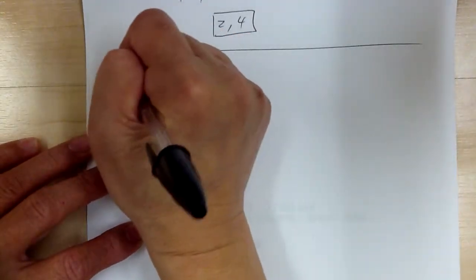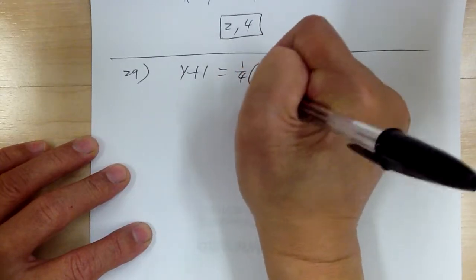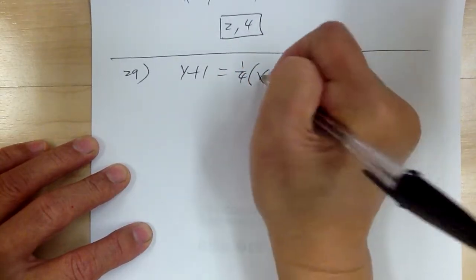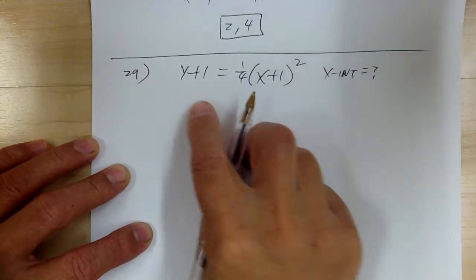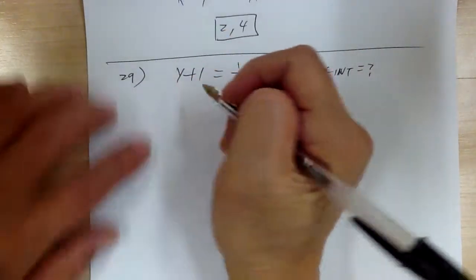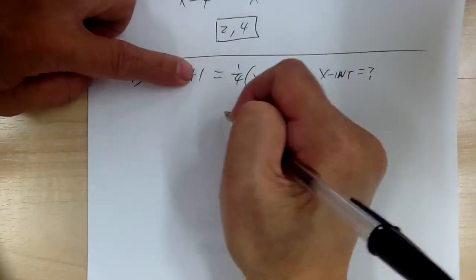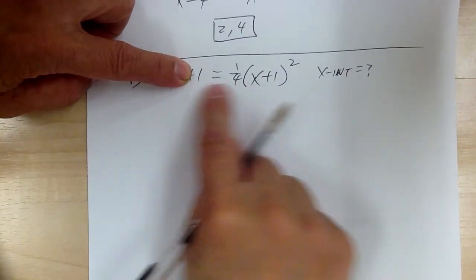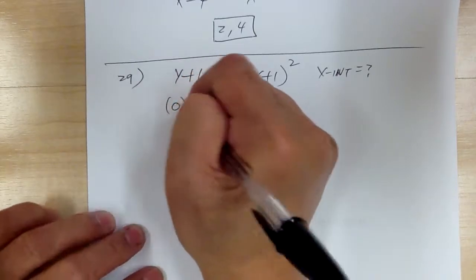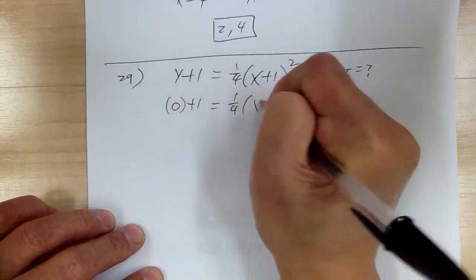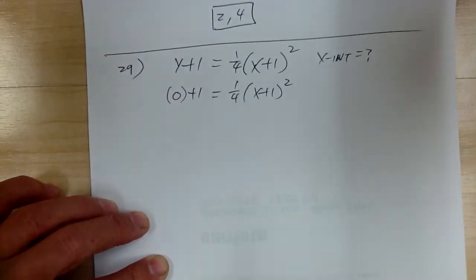Okay, let's go to 29. You have y plus 1 equals 1 over 4 times (x plus 1) squared. And again, you're looking for x-intercepts. X-intercept means y equals 0, so that's how you get the x-intercept.